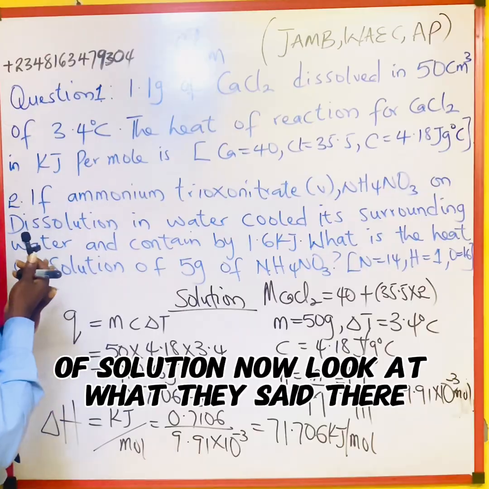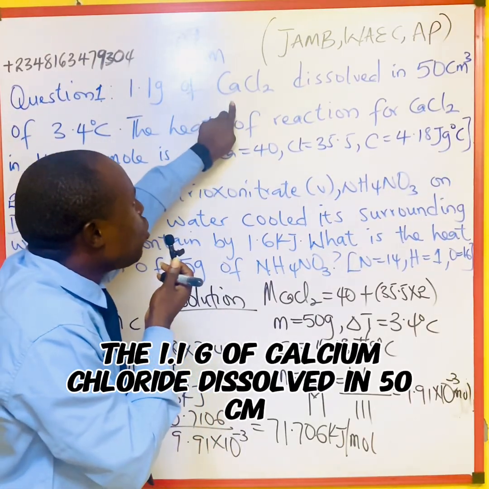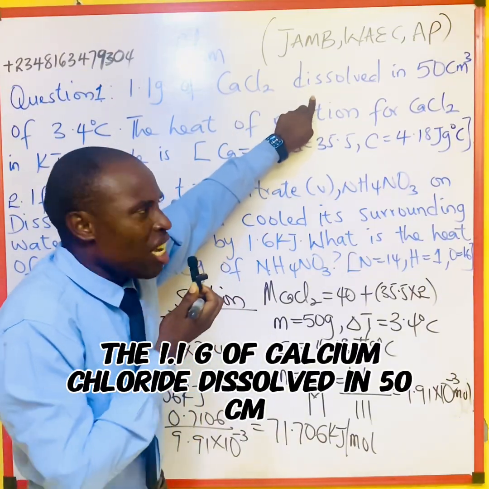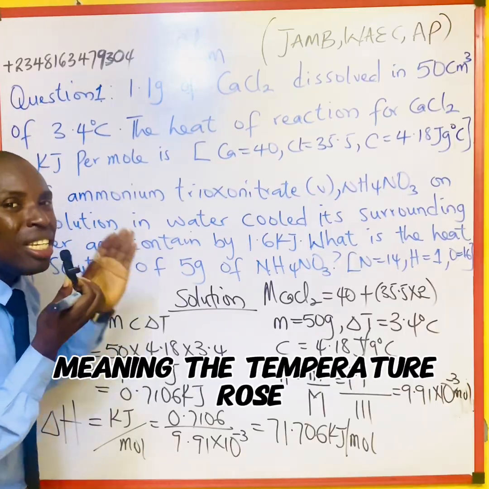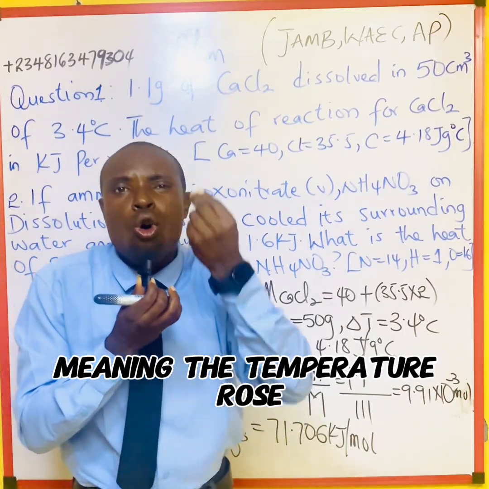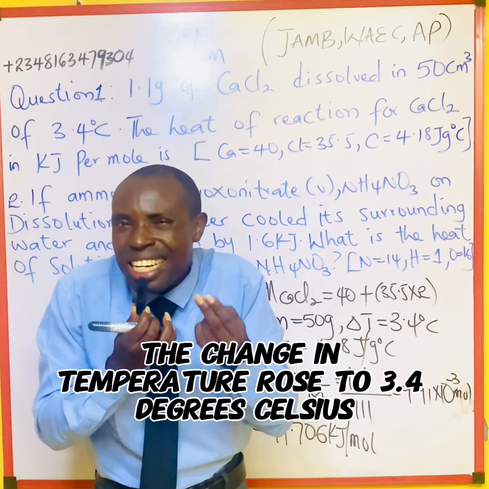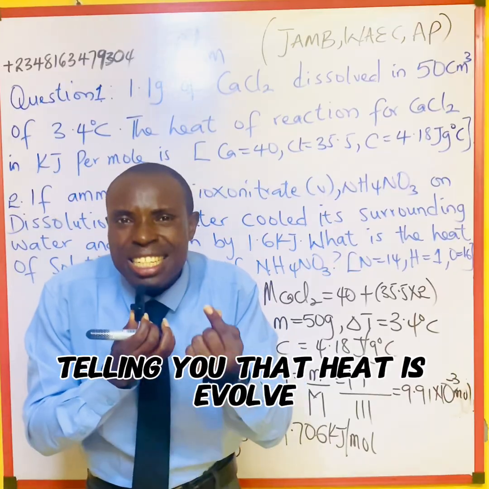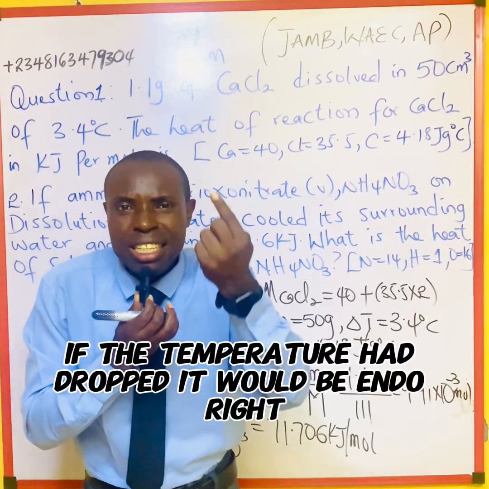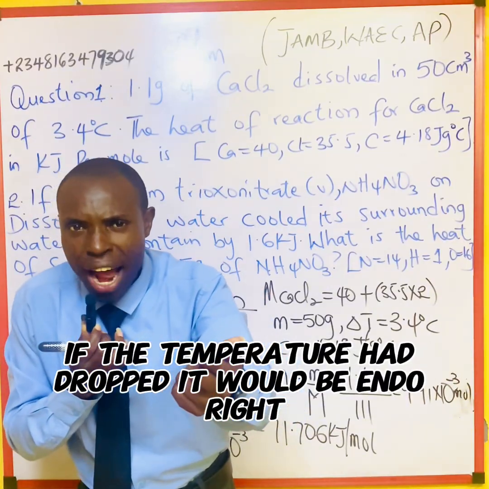Now, look at what they said there. They said the 1.1 gram of calcium chloride dissolved in 50 cm cube of water, and the change in temperature rose to 3.4 degrees Celsius, telling you that heat is evolved. If the temperature had dropped, it will be endothermic, right?